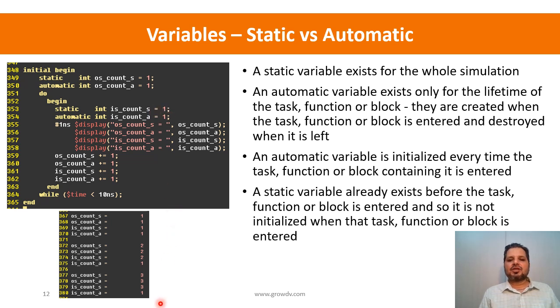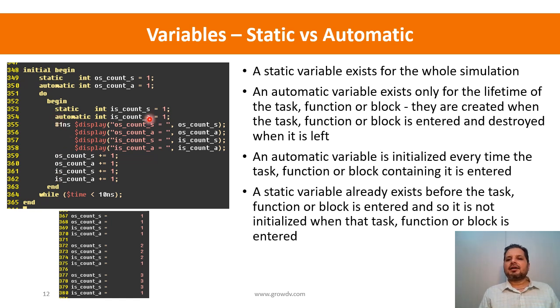It just keeps incrementing. Whereas if we look at the automatic variable, the last one over here, the first iteration value is 1, second iteration value is 1, third iteration value is 1, and the behavior will be similar for subsequent iterations. What's happening is that every time we enter the beginning of the loop and enter this begin and end block, which is the most important point, the automatic variable gets allocated again.